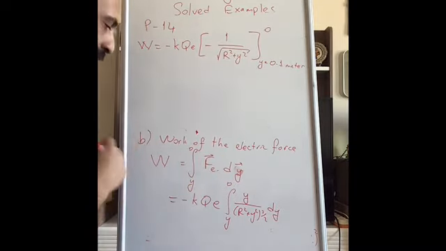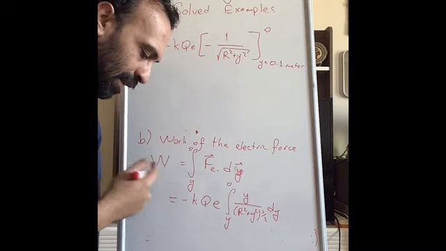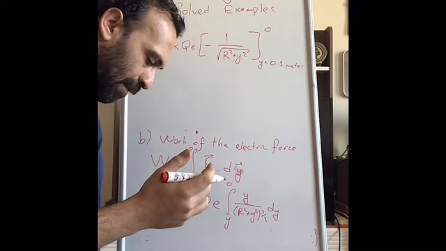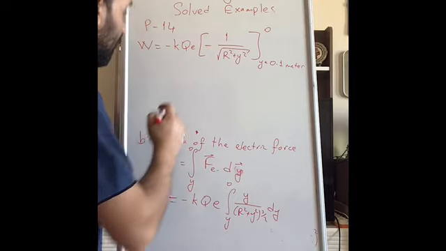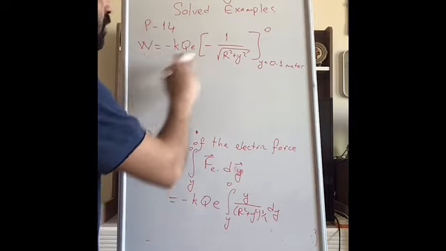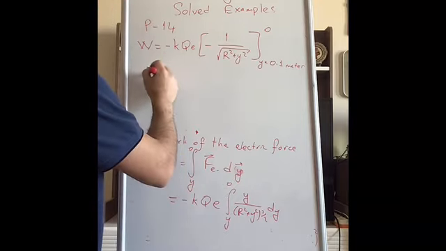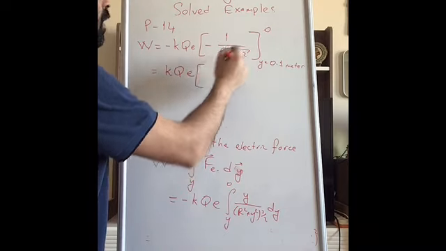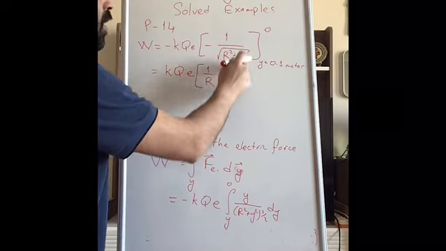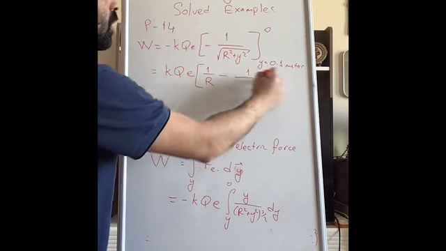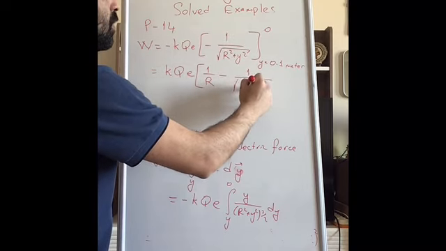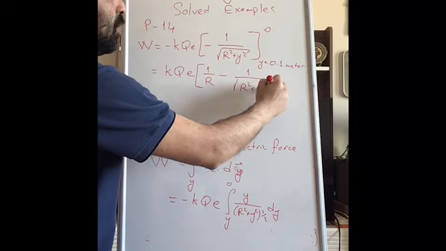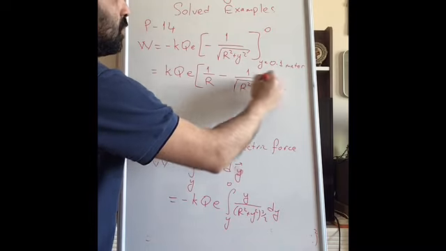So if I put the numbers in, the minus will be positive. So it's going to be kQE times 1 over R, for y equal to 0, minus 1 over the square root of R squared plus 0.1 squared.